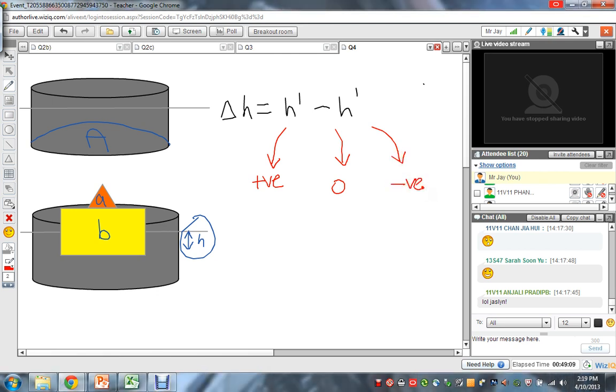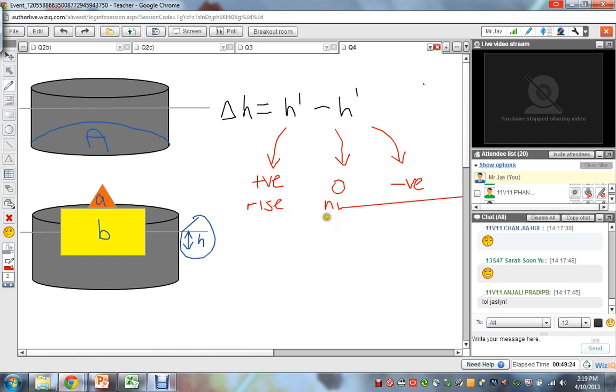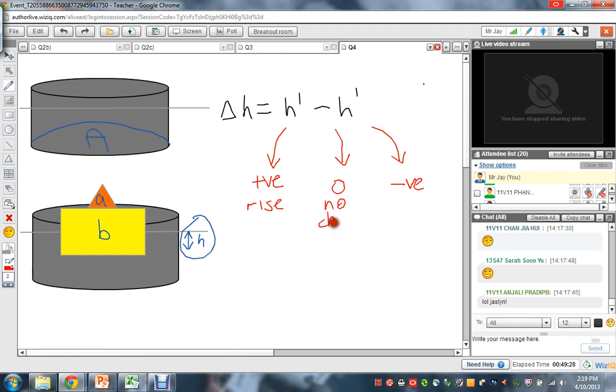If this quantity is positive, it means there's a rise. If this quantity is 0, there is no change. And if this quantity is negative, it's a fall. So let's check whether it's positive or negative.